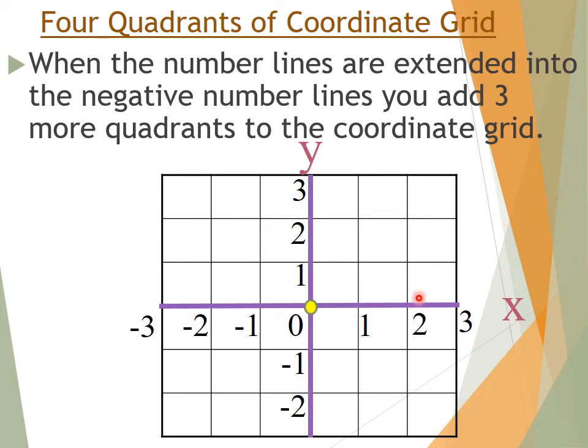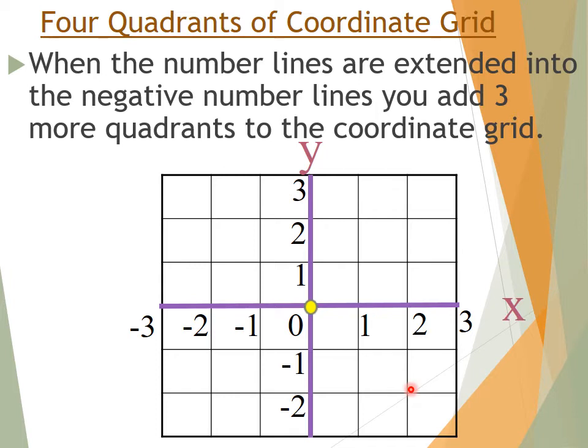So the positive sides of the two axes have created one section, or rather quadrant. Similarly, these two sections of the x-axis and y-axis have created another section, which is another quadrant. So we can see the intersection of the two axes has created 1, 2, 3 and 4 quadrants.